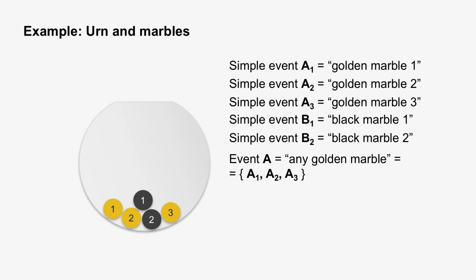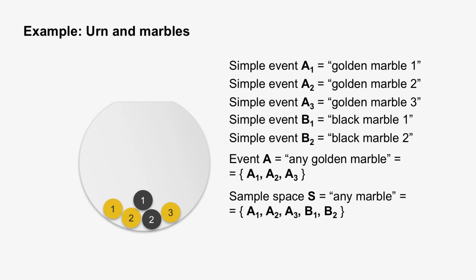In this game, we are not in for picking a particular golden marble. Any golden marble will do. Therefore, we define the event A as picking any golden marble. Now, event A is the collection or the set of the simple events A1, A2, and A3.